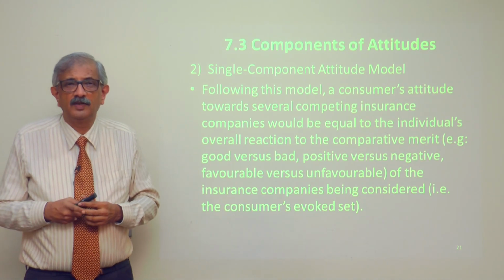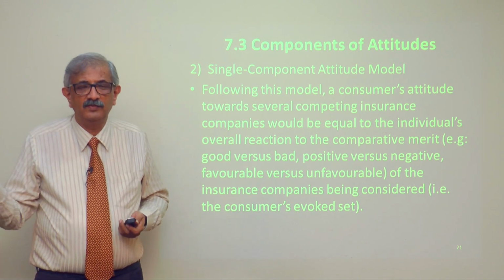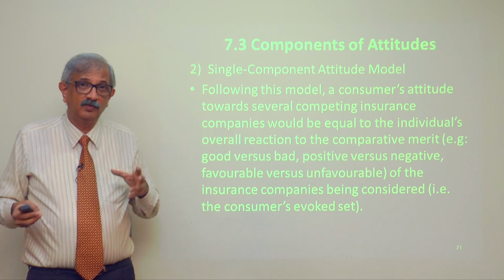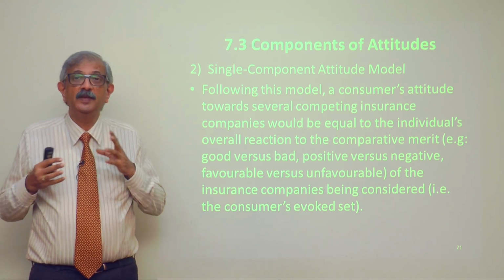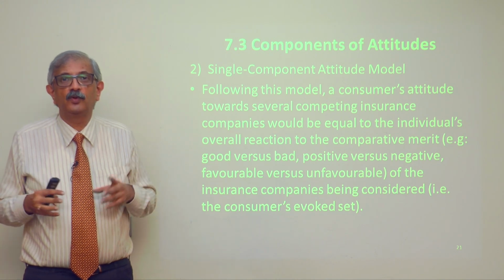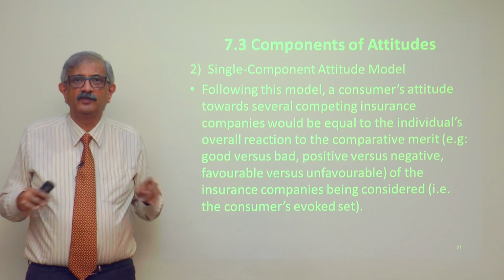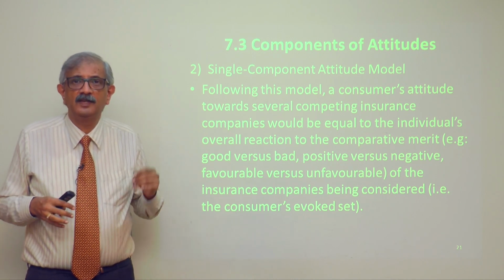Let me give you an example, say insurance companies. Following this model, a consumer's attitude towards several competing insurance companies would be equal to the individual's overall reaction to the competitive merit, for example good versus bad, positive versus negative, favorable versus unfavorable, of the insurance companies being considered.